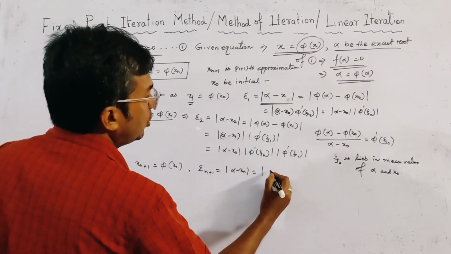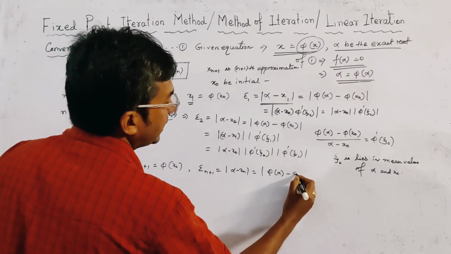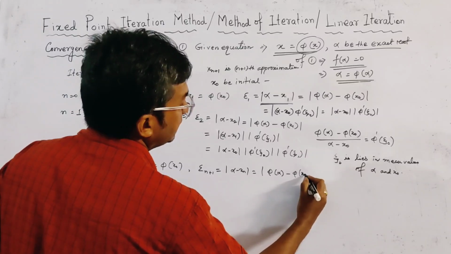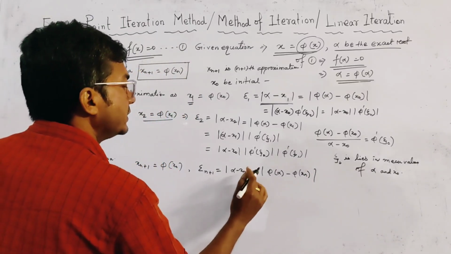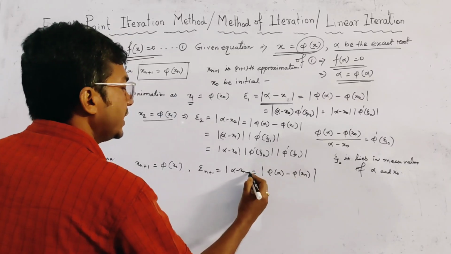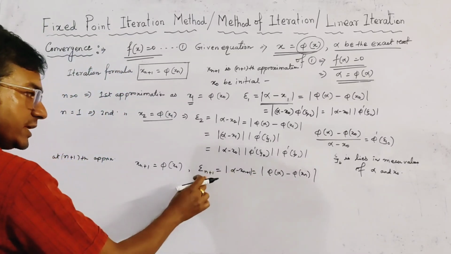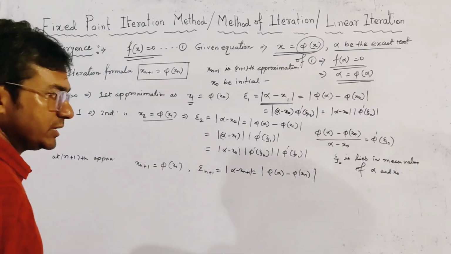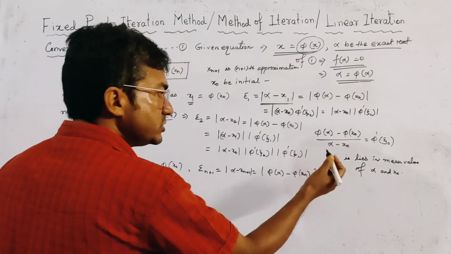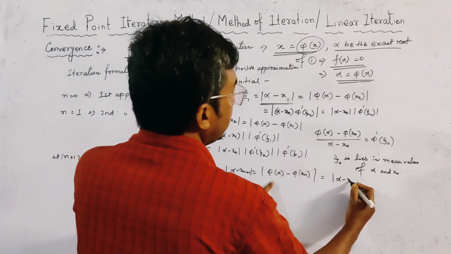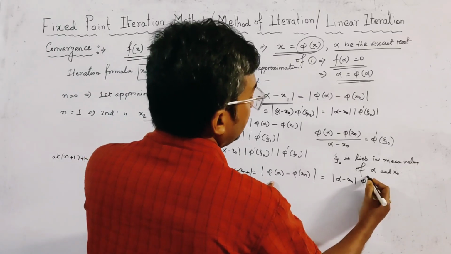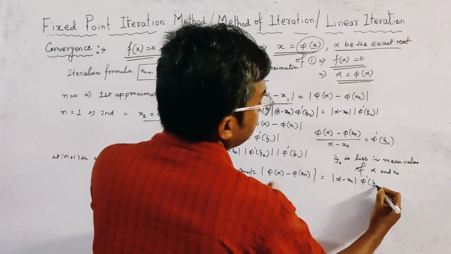This gives mod of phi of alpha minus phi of x_n. This is n plus 1 because this is the error of the n plus 1th approximation, and by using the Lagrange MVT we get the result as mod of alpha minus x_n into phi dash xi_n.